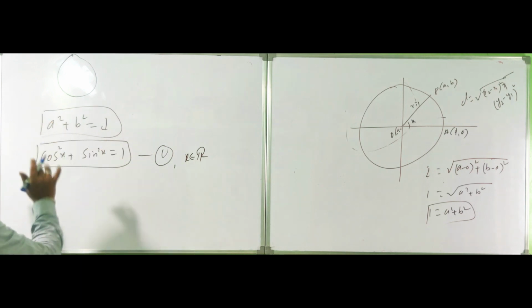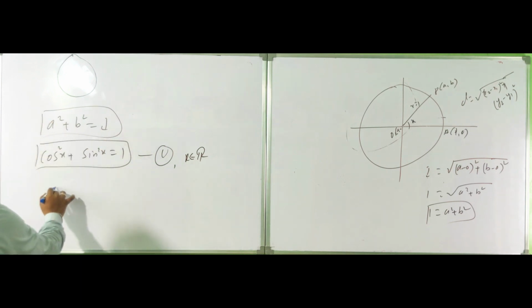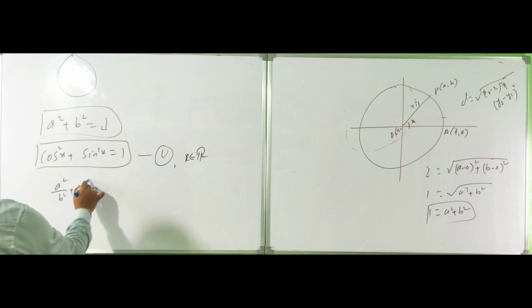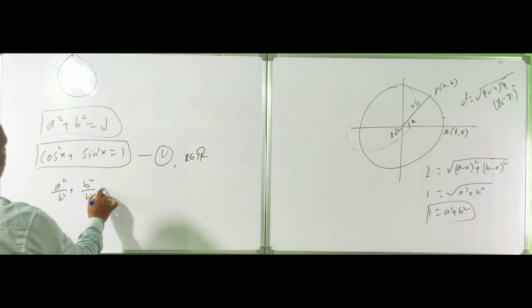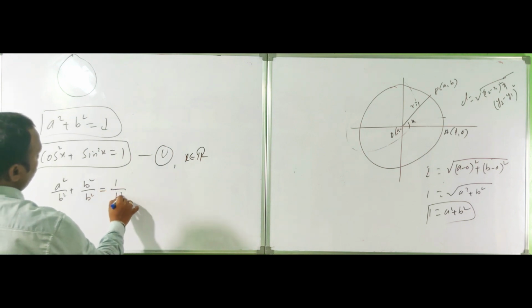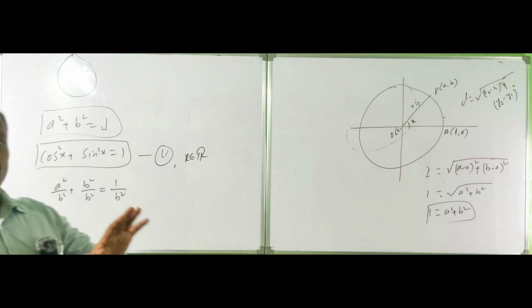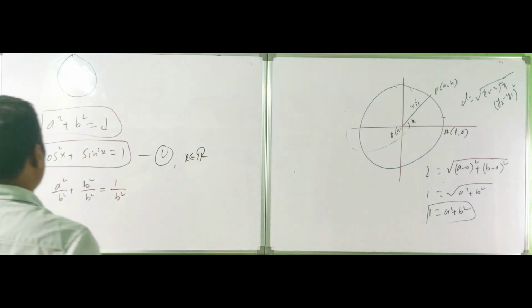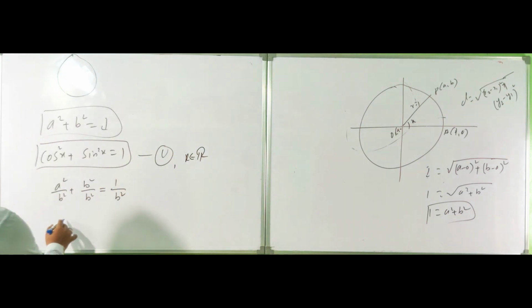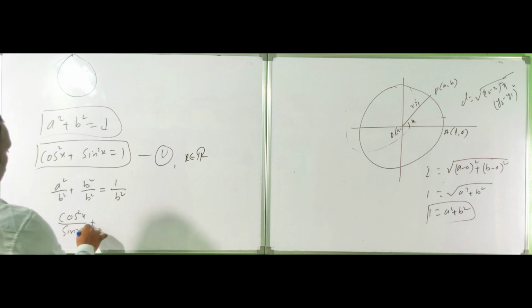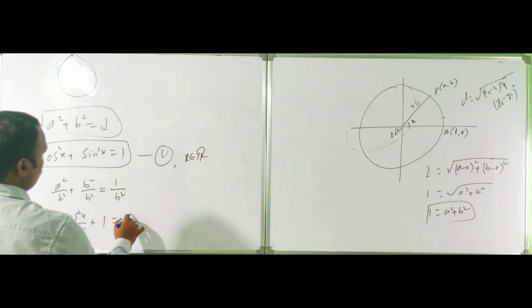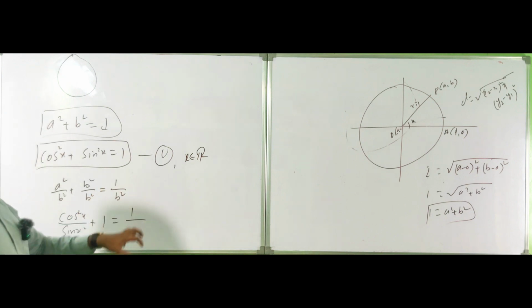For the second one, divide a square plus b square is equal to 1 by b square on both sides. What we get is cos square x divided by sin square x plus 1 is equal to 1 by sin square x.